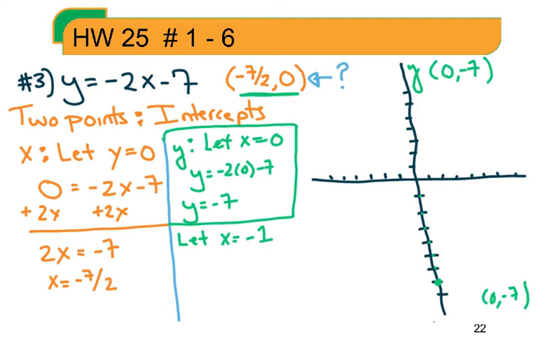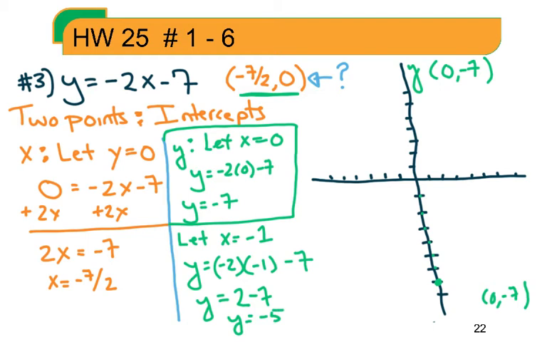What would happen? Y would equal negative 2 times negative 1 minus 7. So y equals 2 minus 7, and y equals negative 5. So that gives me the point negative 1, negative 5.